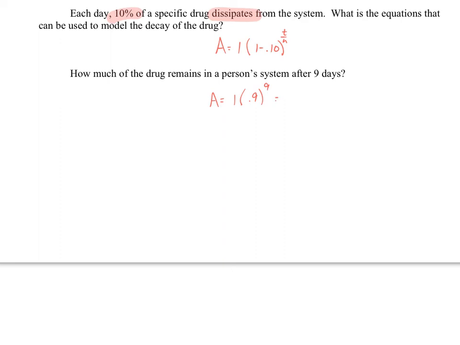And all you have to do is just plug that into your calculator, whatever you're using, and you'll get 0.387 approximately, because we do have to round there, which is going to be about 38.7% of the drug. So if 10% of what's left leaves every single day, then after 9 days, that's how much of the drug you'll have left.